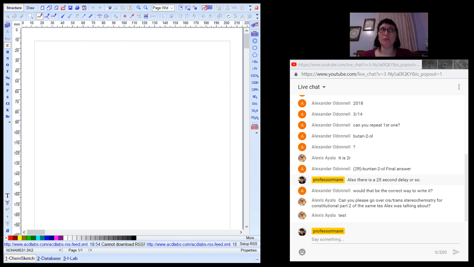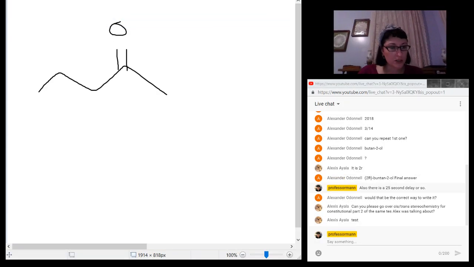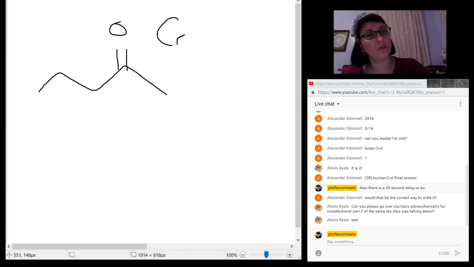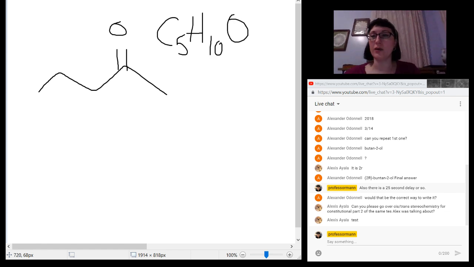I don't remember the exact formula, but if I had something like this, and oh, wait a second, let me make sure that I have the right window up. I do not have the right window up, so you can't see what I'm doing. Okay, so if I have something like this, that's C5H10O, right?